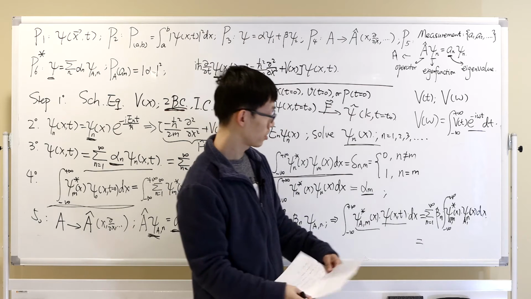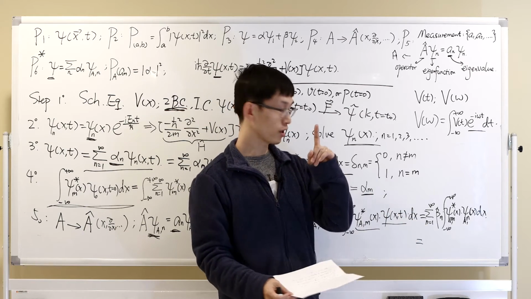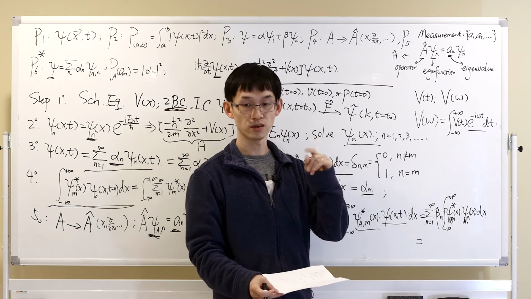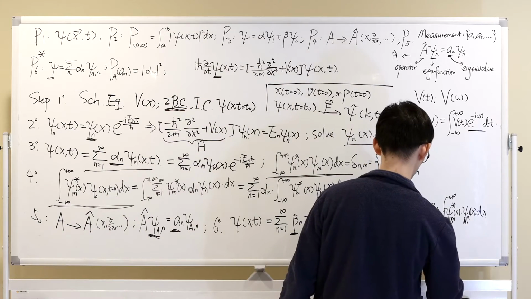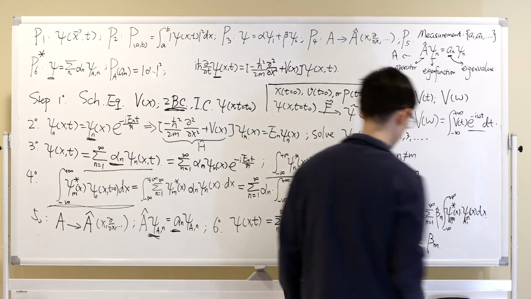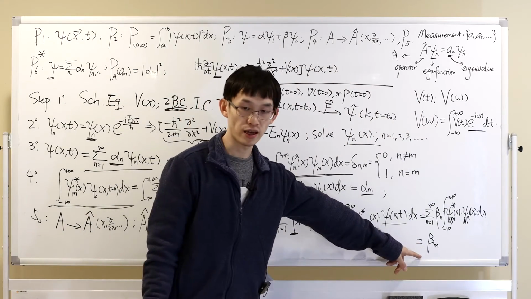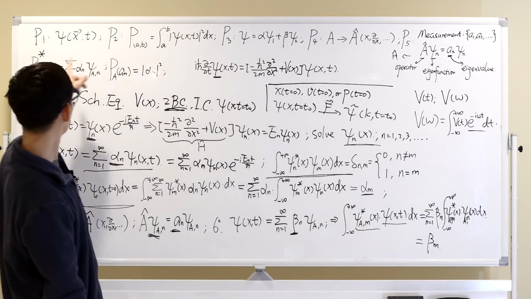So this sum only has one non-zero term, and that's when n equals m. So this one equals beta m. This is how you get beta m.